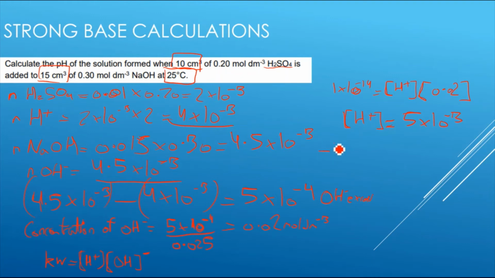And finally, we could minus log to the base of 10 of that, 5 times 10 to the power of minus 3, and that would get us the pH, which is 12.30 in this case. Just as a note, if you get a pH of less than 7, you know you've done something wrong, because we have the base in excess, so it should be above 7 as it's a base.